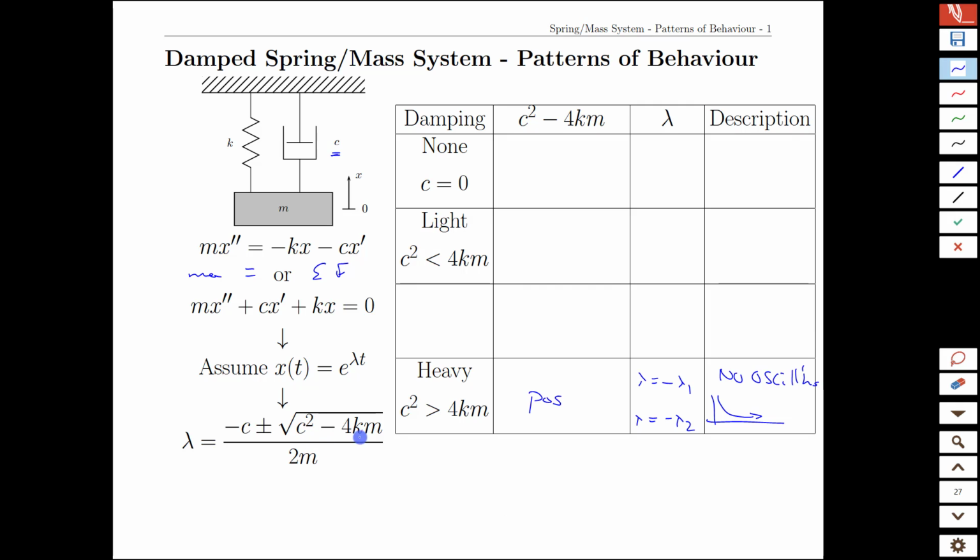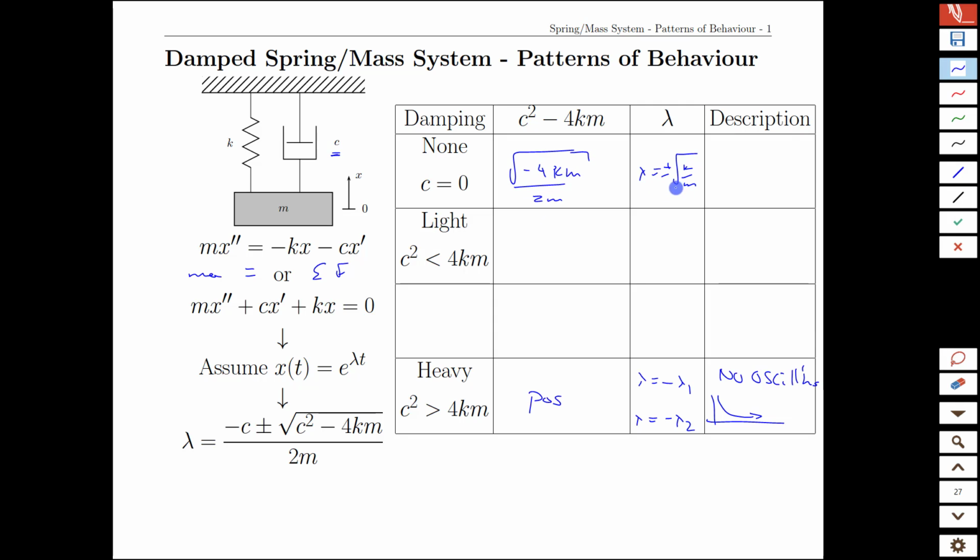Let's go to the other extreme where we have no damping at all. Then we just get the square root of minus 4km. Now the 4 seems weird until you remember that it's all dividing by 2m. When you work that out, you get a lambda of plus or minus the square root of k over m, with the square roots, regular powers, 4's and 2's all canceling.